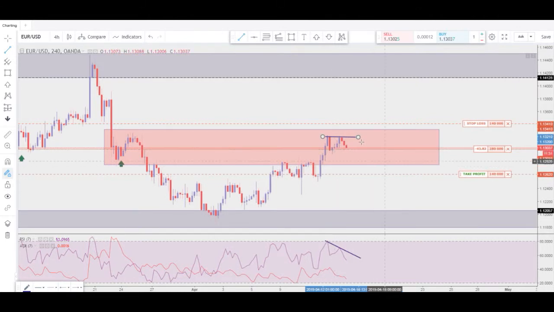I'll keep you updated how this turns out throughout the week, but I've put my stops an ATR above the high, and I've taken a 1-to-1 trade to my first TP. The second take profit, I'm going to trail straight down to 1205s, back to support. Let's move on to the next pair.